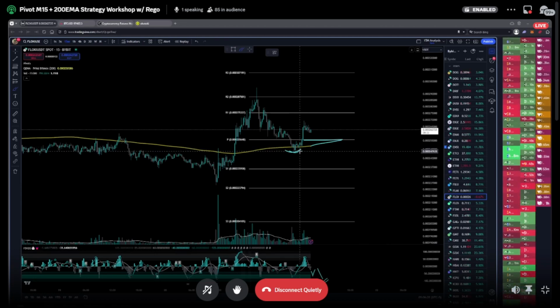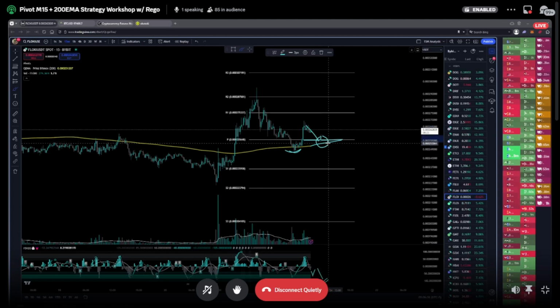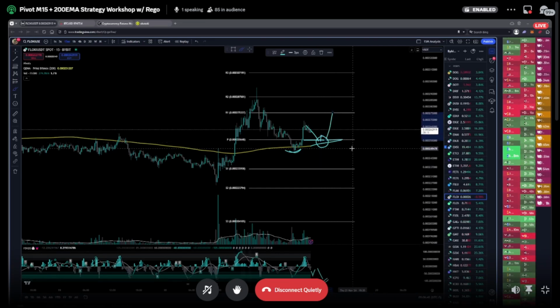I mean, you have a deviation beneath. It was held, it consolidated, it popped above the pivot. It's coming back down to retest. Realistically, this would be reset. I mean, the momentum would have to be to the upside. The momentum would have to be to the buyers here.